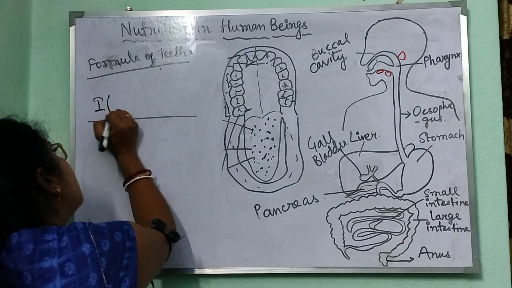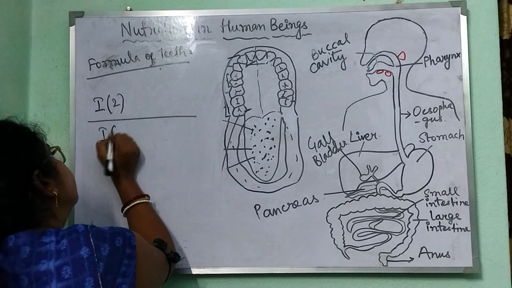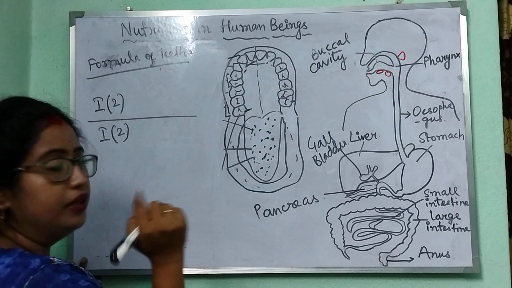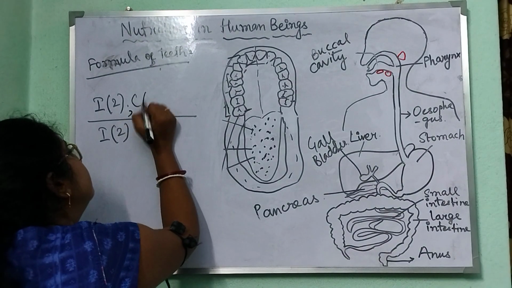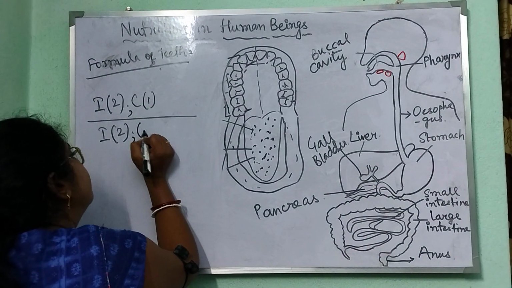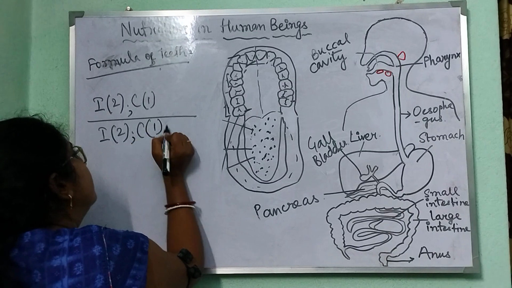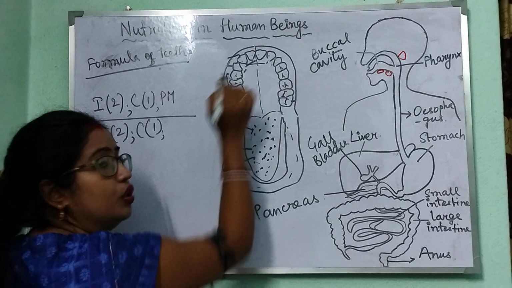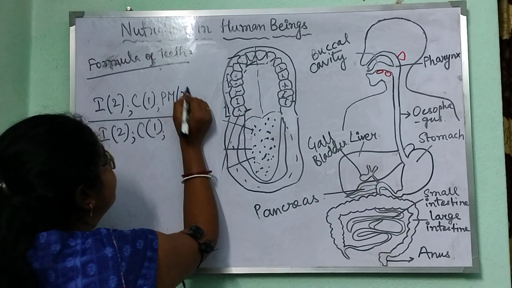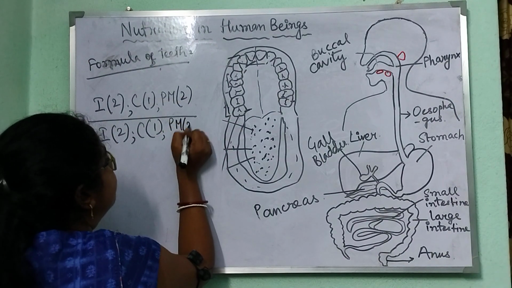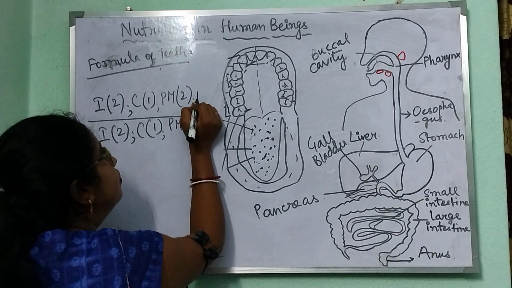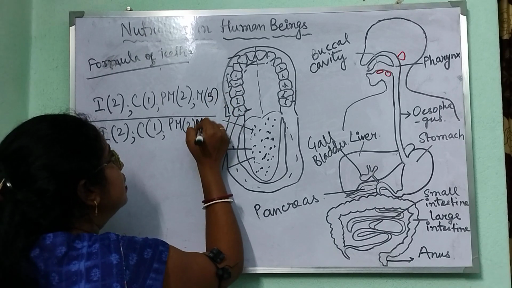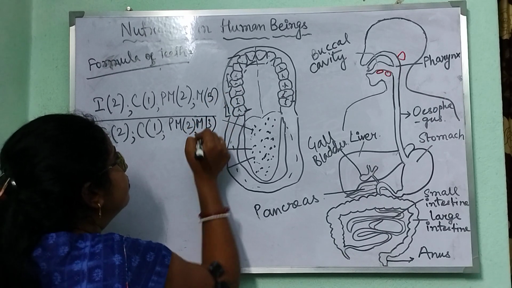So incisors are 2. Then canine, 1 number. So canine 1. Then we have premolars, 2. And molars are 1, 2, 3. 3 in number. Molars are 3 in number.